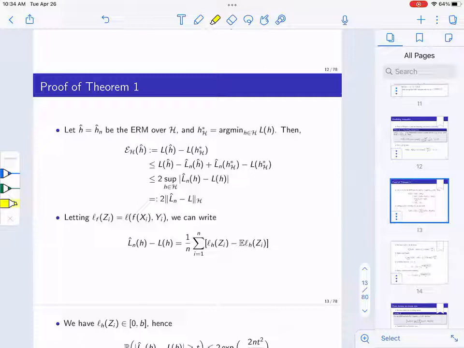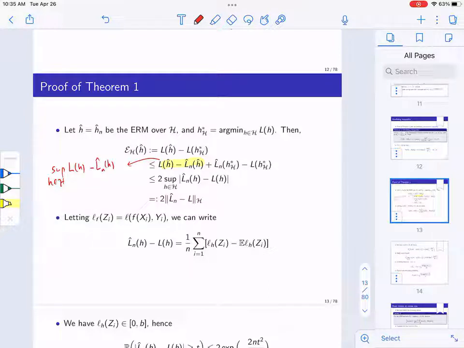You can see I bounded both of these by the absolute value of the supremum. What I can do instead is bound this by the supremum over h in H of L(h) minus L hat n(h), with no absolute value here.